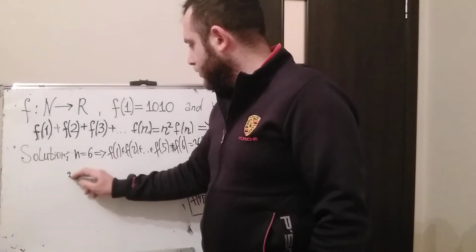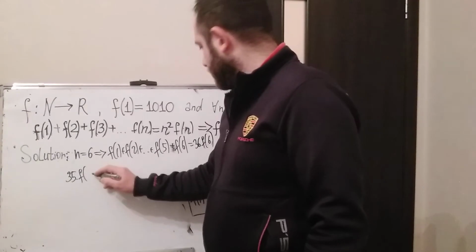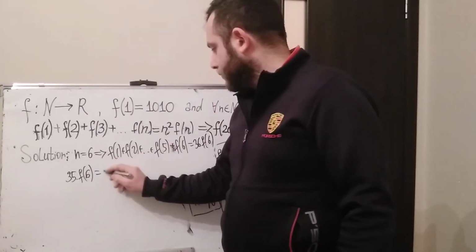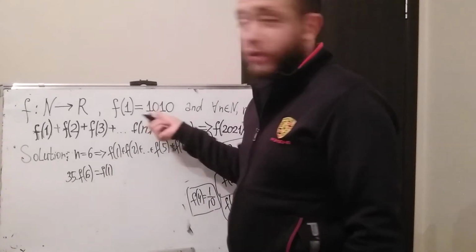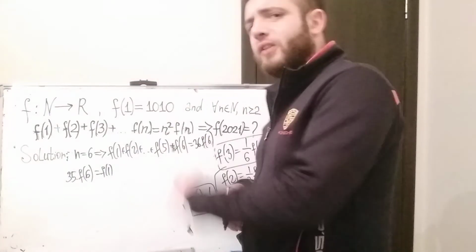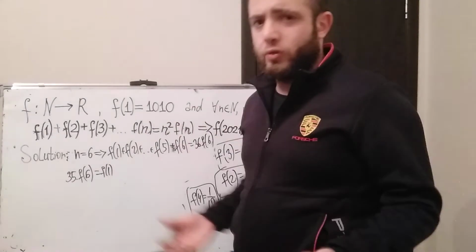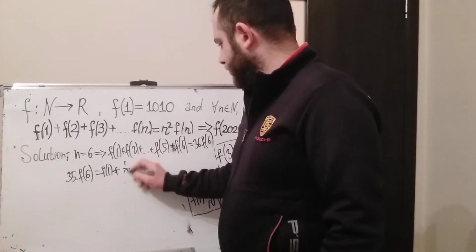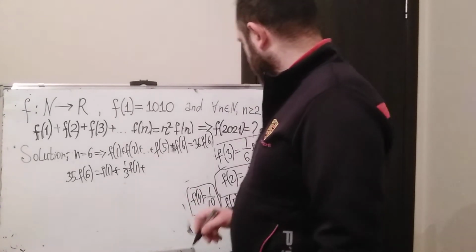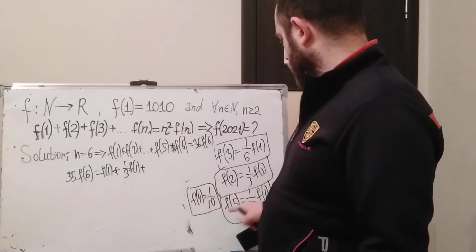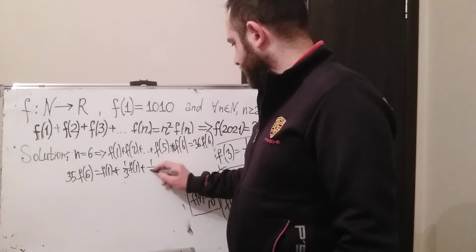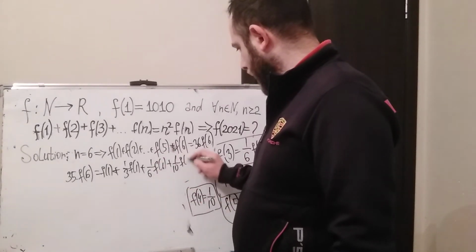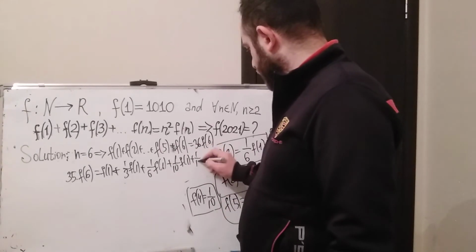It will be 35 times f06 equal to f1. Of course we know the value, but we don't need to plug it in, because plugging the value will exacerbate the situation. So f2 is 1 over 3 times f1, f3 is 1 over 6, f4 1 over 10, and f5 1 over 15.